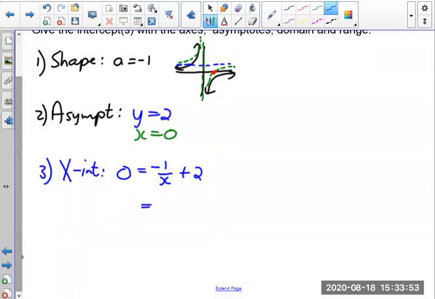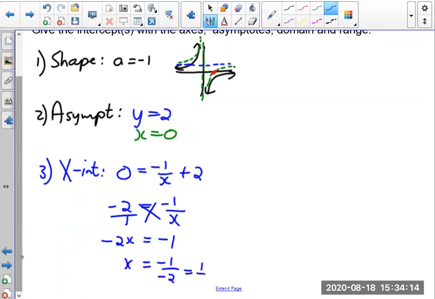So I take the 2 to the left-hand side, or it doesn't matter which one you take to the other side. Make this minus 2 a fraction because it's easier to work with fractions if everything is fractions. Cross multiply, then you get minus 2x equals minus 1. Divide that minus 2 away. Minus 1 divided by minus 2 is a half.